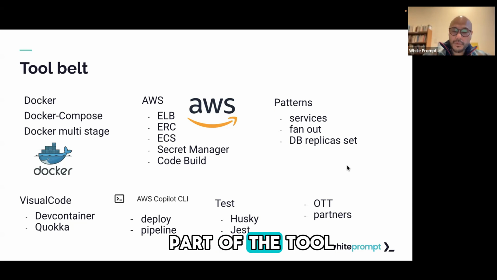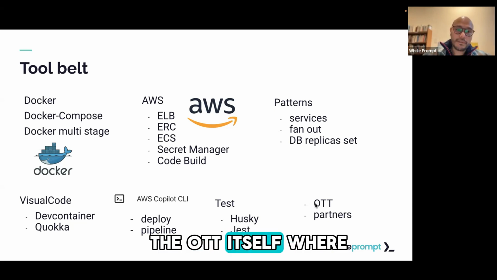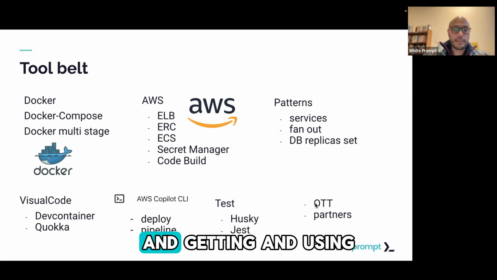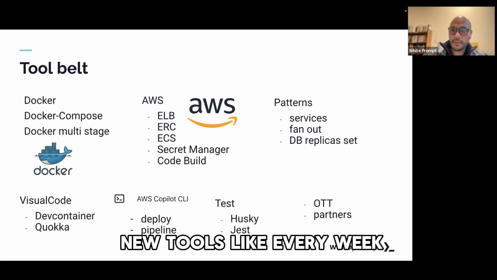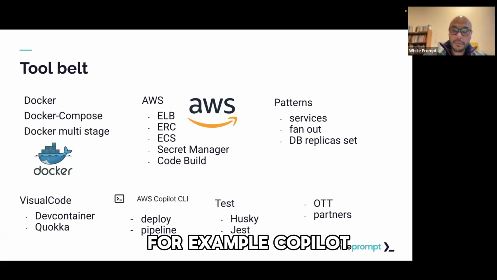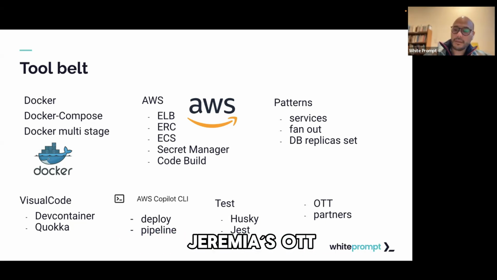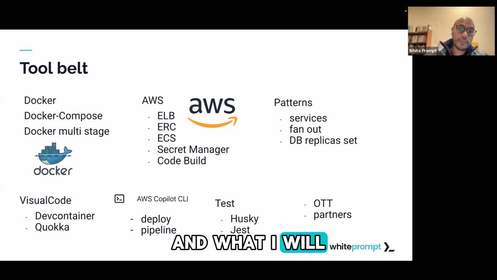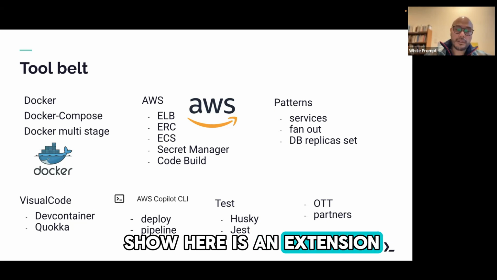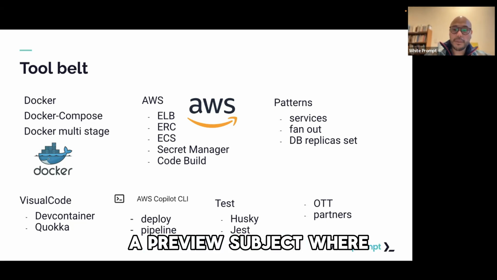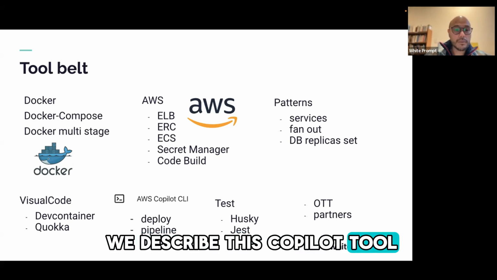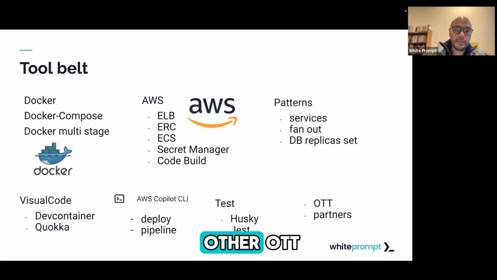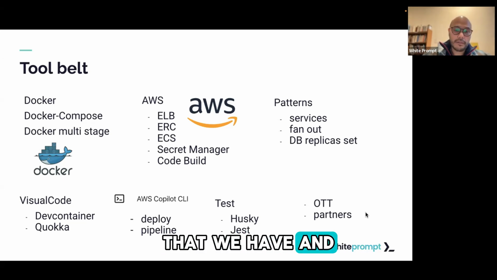As part of the tools, there is the OTT itself, where we are getting and using new tools every week. For example, I took Copilot from Hermia's OTT. So what I will show here is an extension of the previous OTT where we describe this Copilot tool, as well as other OTTs that we have.